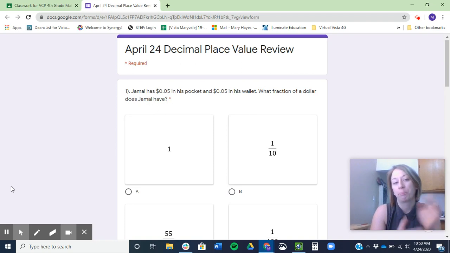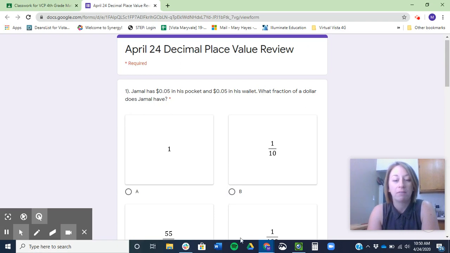We know that Jamal has money in his pocket and he has some money in his wallet. He has 5 cents in his pocket and 5 cents in his wallet. And we want to know what fraction of a dollar does Jamal have.